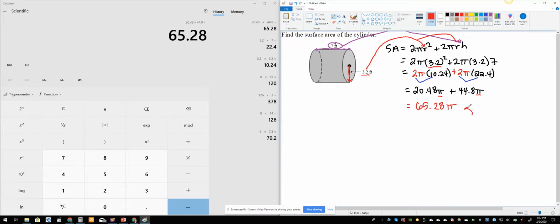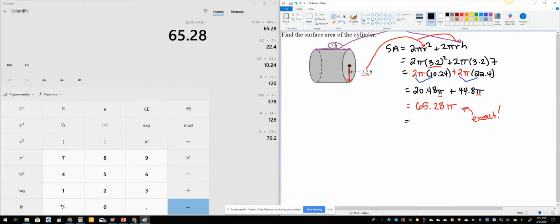Now again, as we were talking about in the notes, this is our exact answer, okay? Now, when we're doing this, we're going to need to be finding our approximate answer. So what we're going to do is change this pi to 3.14, and then we're going to get our approximate answer.